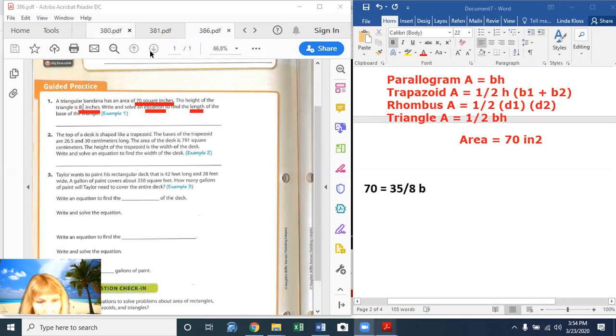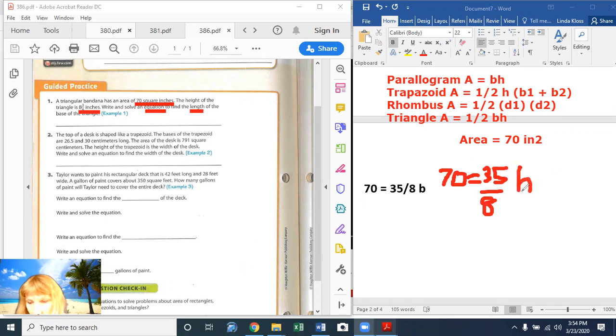Now I'm going to go back to drawing this. So if I have 70 equals 35 over 8, and then I have this b. And just so you guys know, I'm a lefty and my mouse is a righty, so I'm doing pretty good writing with my right hand. Now you probably remember this back from last year.